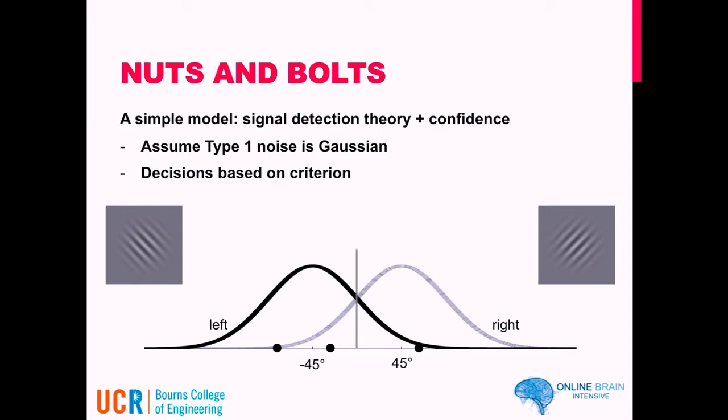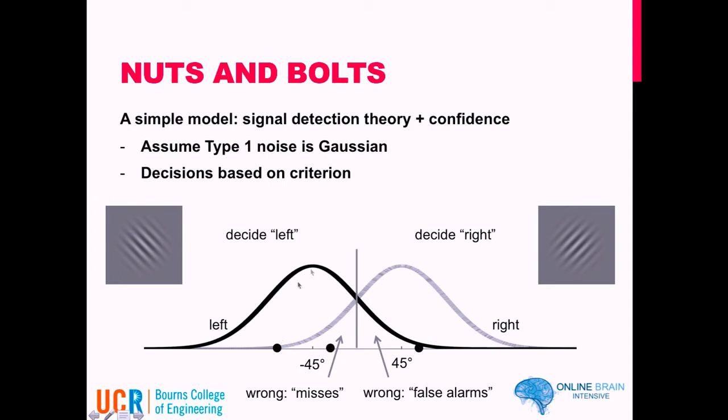So we'll next place a criterion here and say that if the sample falls on the right side, you decide right tilt, and on the left side, you decide left tilt. And sometimes you're wrong, and when it actually was right tilted, you say left, and when it was actually left tilted, you say right, and vice versa. So for example, this sample is correctly identified as left, but this sample is incorrectly classified as right, even though it actually came from the left-tilted distribution.